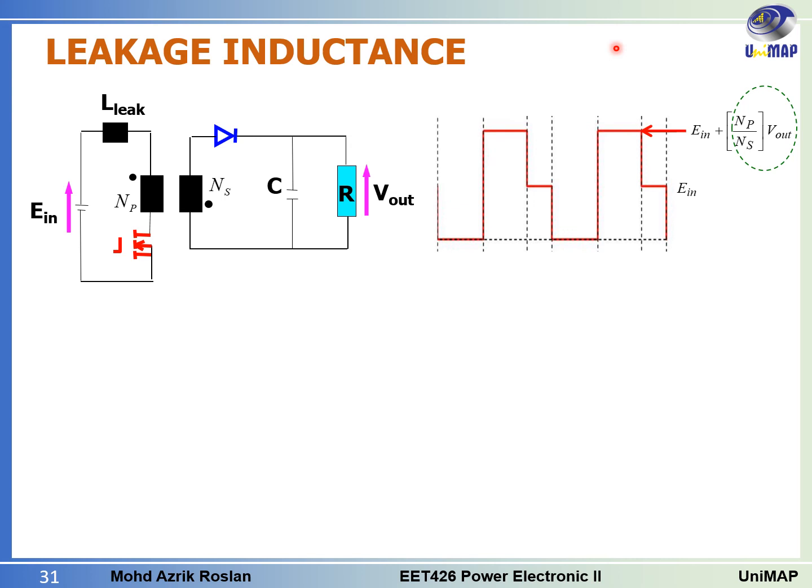If this energy is not dissipated, it will cause a large voltage spike across the winding. Let's say the rating is 400 volts, and when the spike occurs, the voltage can reach 500 or 600 volts, and this will damage the MOSFET or the switch.